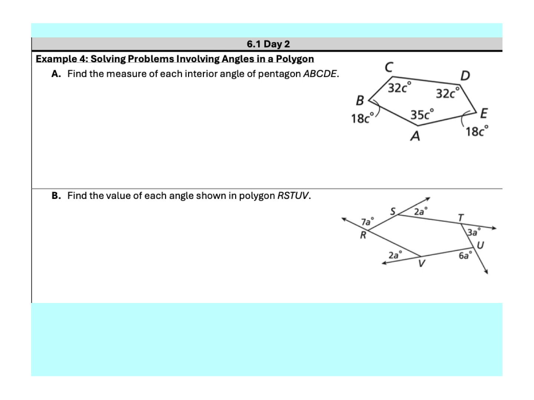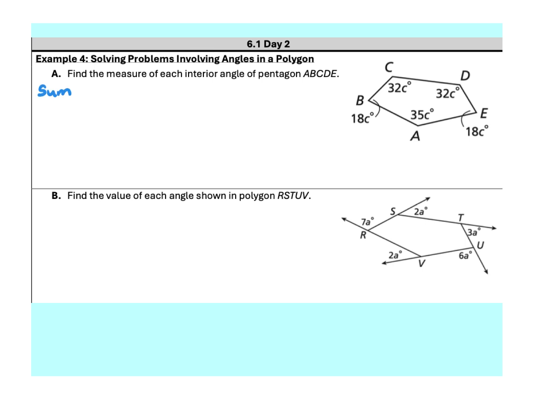In the first example here, we want to find the measure of each interior angle of pentagon ABCDE. What we need to figure out first, though, is what's the total sum of the angles in the pentagon. So I'm going to do a calculation here using the formula that we discussed in day one.